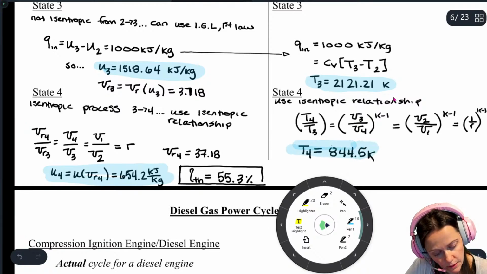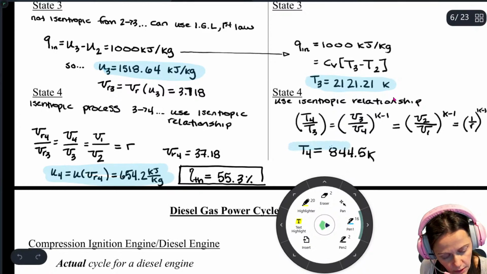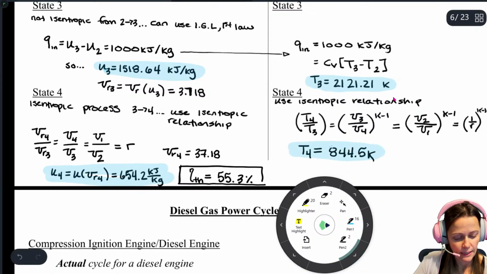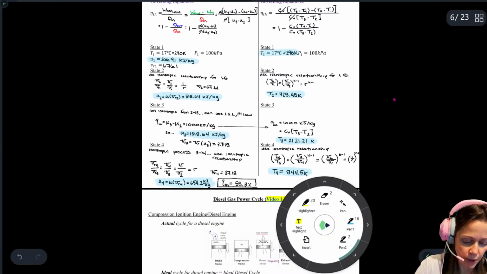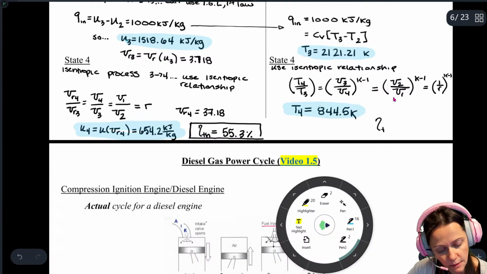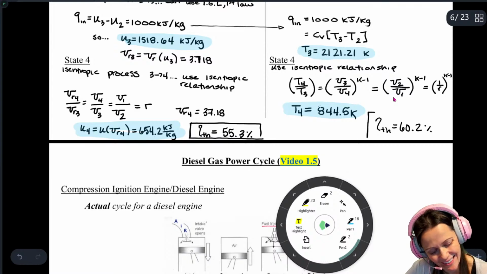And so if I look back at my governing equation, that governing equation all the way at the top is just in terms of temperature, so that's all I need. So my thermal efficiency ends up being 60.2%. Perfect.